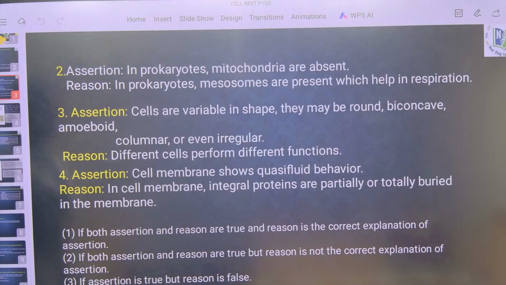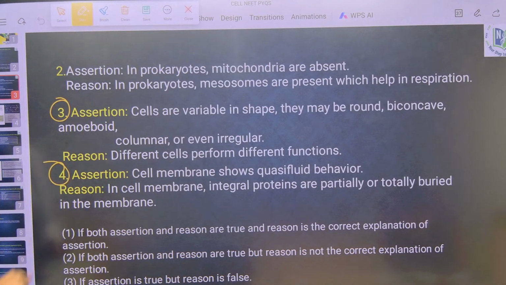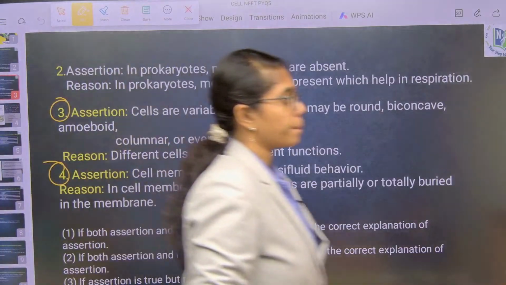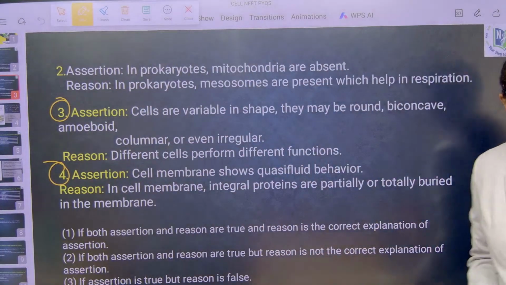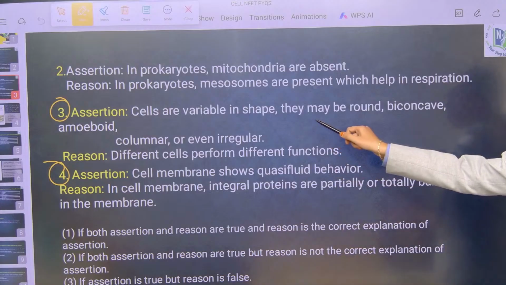You can answer this now. Assertion reason. Third and fourth question, try to answer. Assertion: Cells are variable in shape.